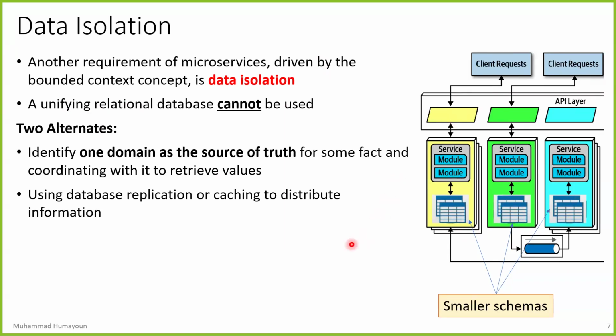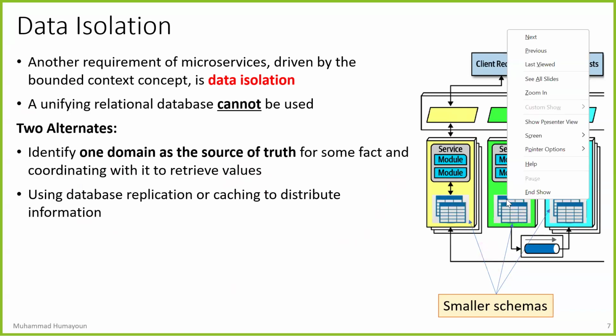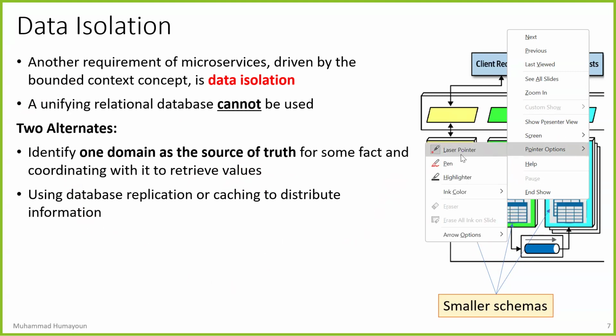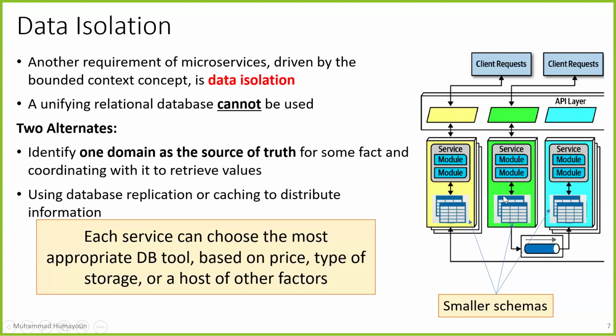So you have two alternatives here. The first one is discussed here. What you can do is identify one domain as the source of truth. Let's say among these three domains, you decided that this one is my main domain where I will keep my data.